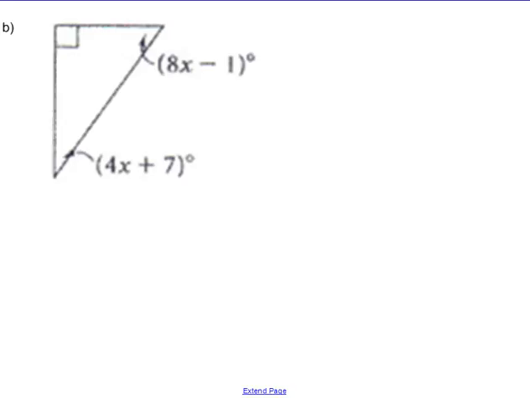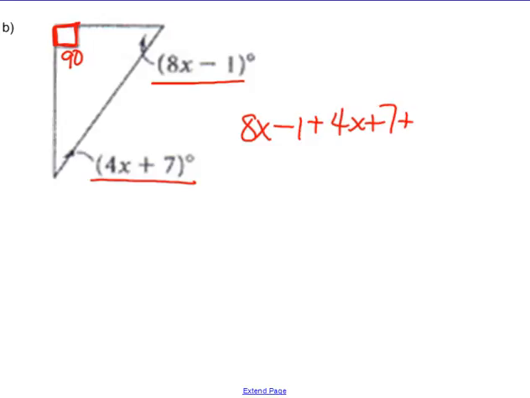Next one. Okay. This is not so crazy as you think. I see a little bit of algebra here and here, but I know that because the box is here, this is 90. So when we add all 3 angles up together, we're going to set it equal to 180. So 8x minus 1 plus 4x plus 7 plus 90 equals 180.